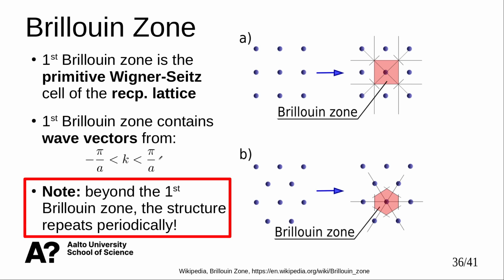So it has constant boundaries from left to right, and in practice what that means is that all our information beyond the first Brillouin zone is just periodically repeated. So just sticking to the first Brillouin zone is enough to get all the physical information of our unit cell.